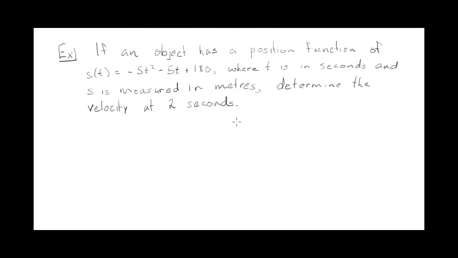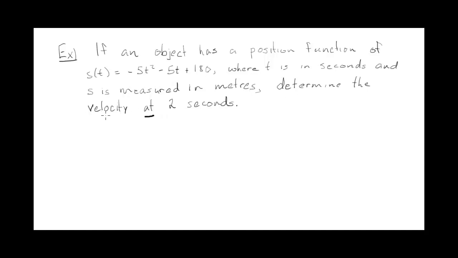Okay, so we'll contrast that with this velocity question. So this is a second example. It says, if an object has a position function of s at t, and this is the equation which gives us the position of this object, where t is measured in seconds and s is measured in meters, determine the velocity at 2 seconds.